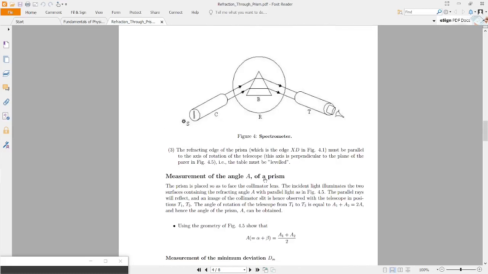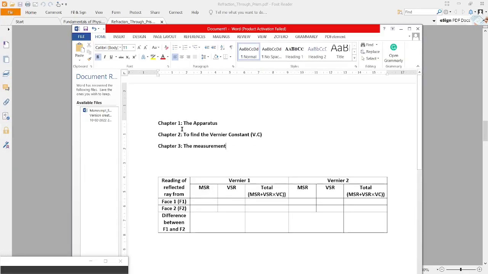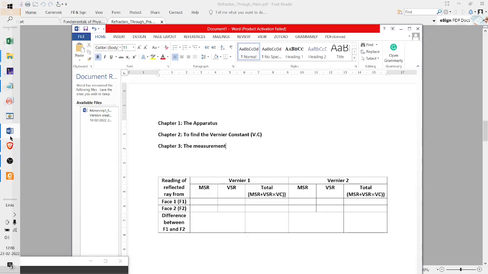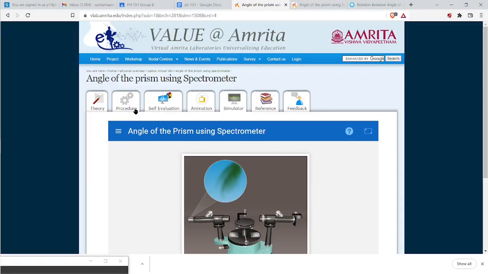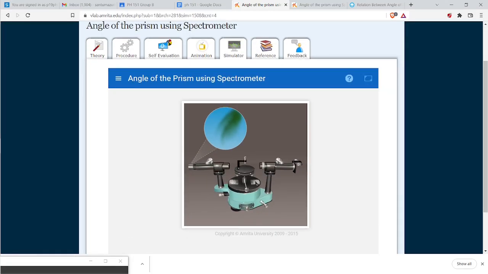Now I'm going to the second part, that means after our chapter 1, that is the apparatus. If we go to the virtual lab, go to the simulator. So this is my apparatus. You can see there is a collimator, and this is a telescope, and this is the prism table.